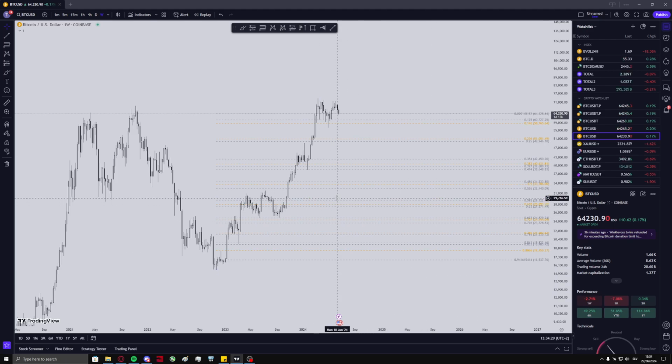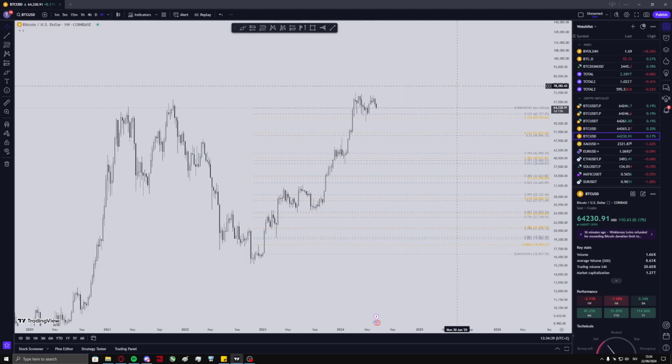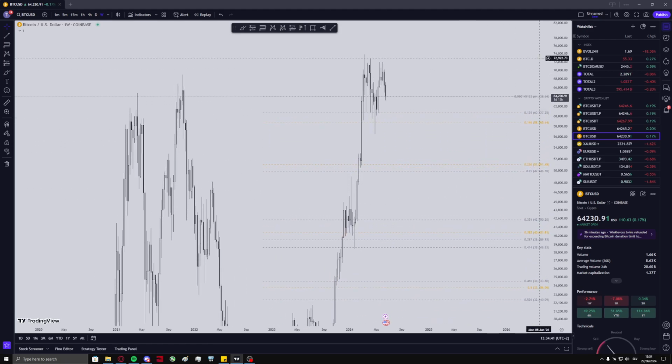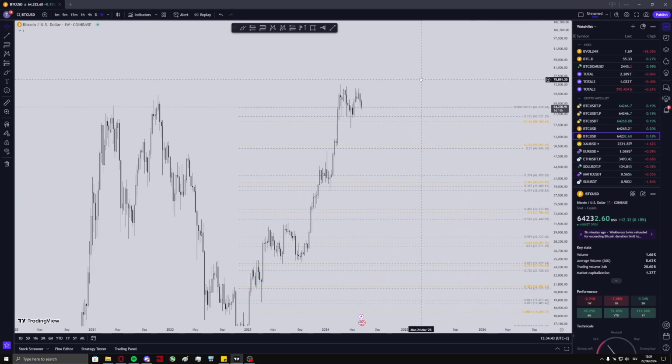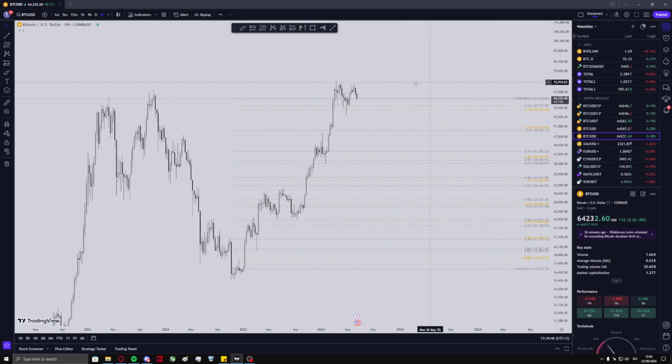The thing is, you don't want to solely rely on this one pull to get a good idea of where you want to enter, right? Because it's not that simple. One fib level can react, but another might not.